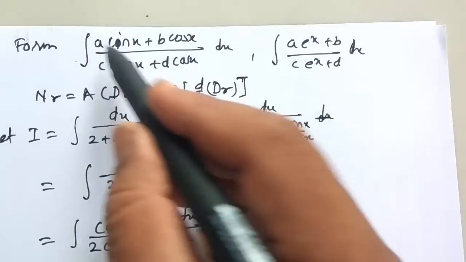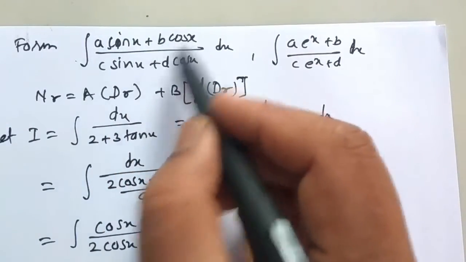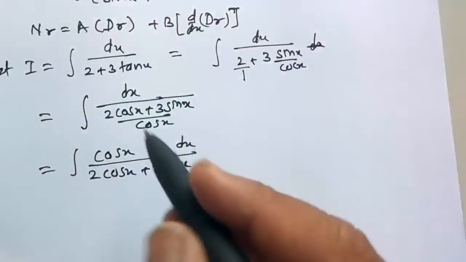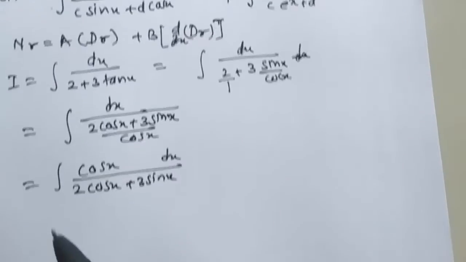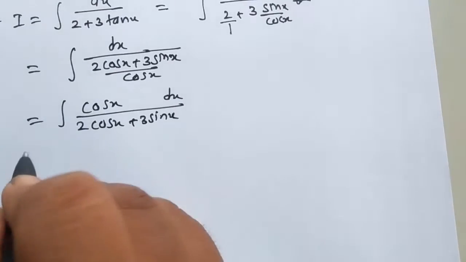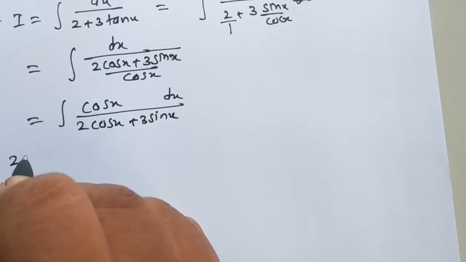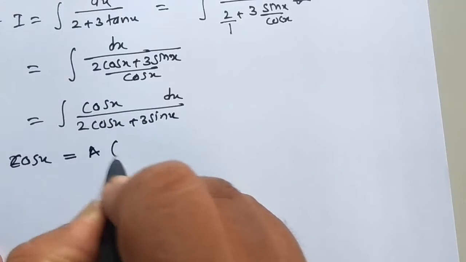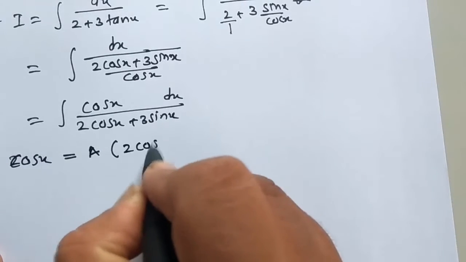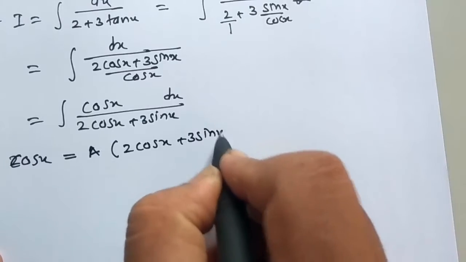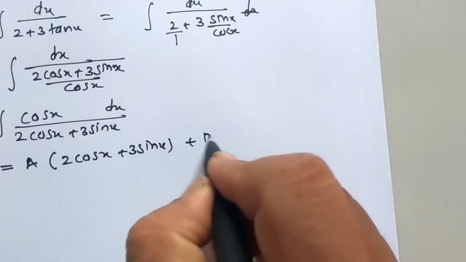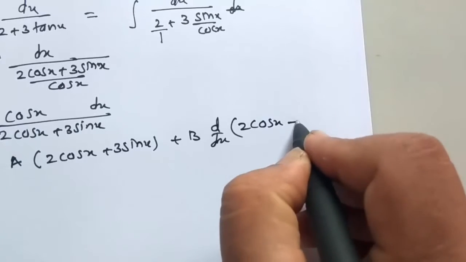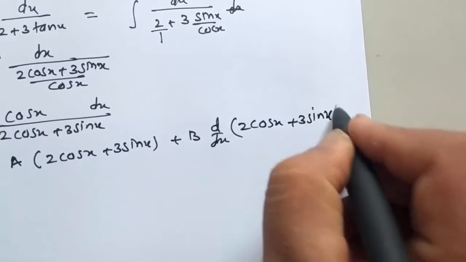So this is of the type integration of (a sin x plus b cos x) upon (c sin x plus d cos x). So we express the numerator in terms of the denominator. So the numerator cos x is equal to, we take a as a constant, a times (2 cos x plus 3 sin x), the denominator, plus b times the derivative of the denominator, 2 cos x plus 3 sin x.